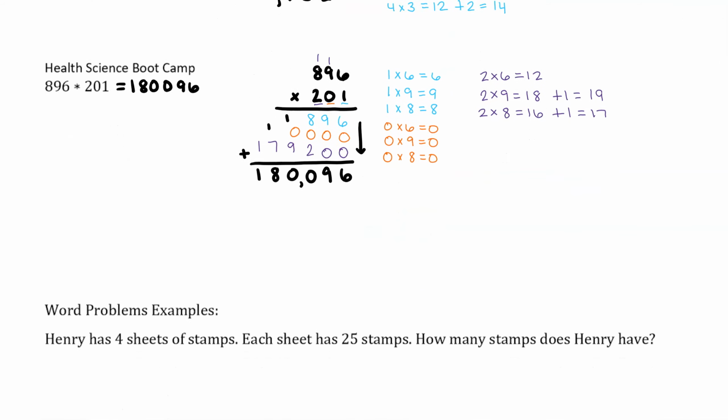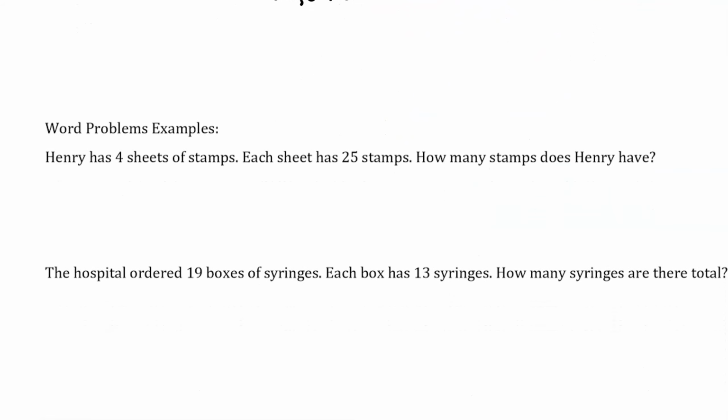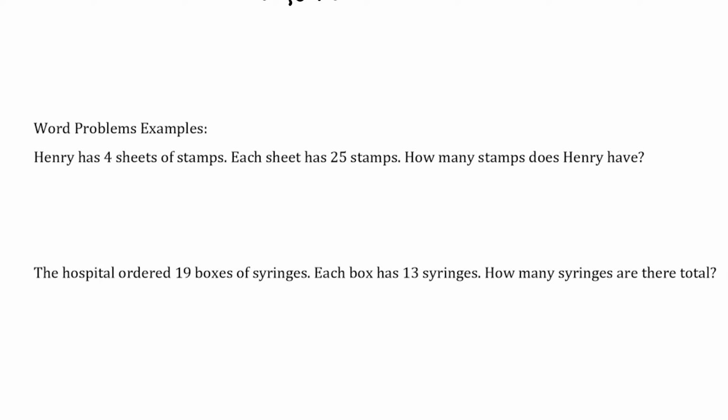So now the last examples that we'll do for multiplication is word problems. Henry has 4 sheets of stamps. Each sheet has 25 stamps. How many stamps does Henry have? So if you could picture, we've got 25 stamps.